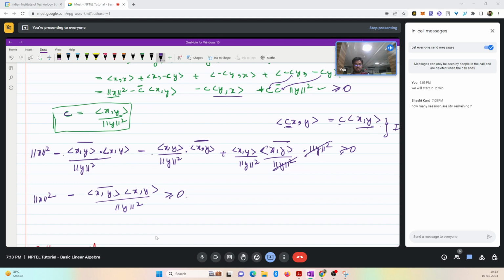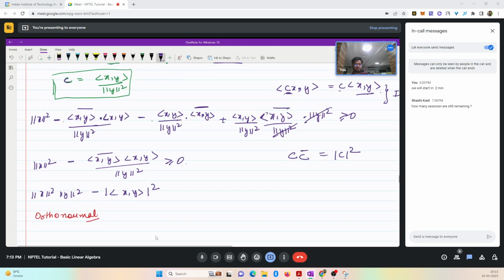Now this thing on the top is nothing but mod of xy square. If you have a complex number c, then what is c into c conjugate? This is mod of c square, right? This is greater than or equal to 0. अब इसको इधर ले जाएंगे and we'll get whatever we want. ठीक है.